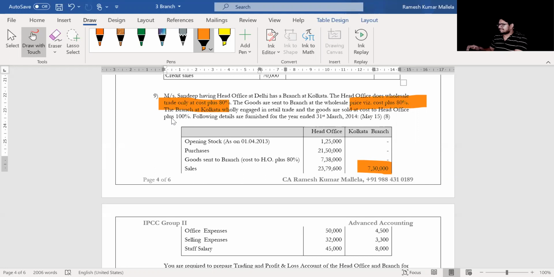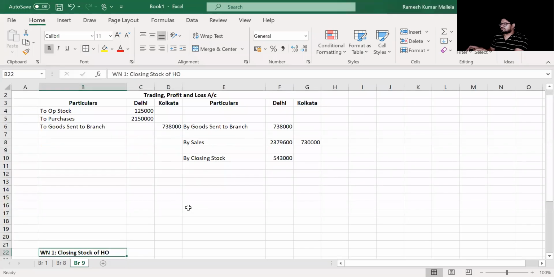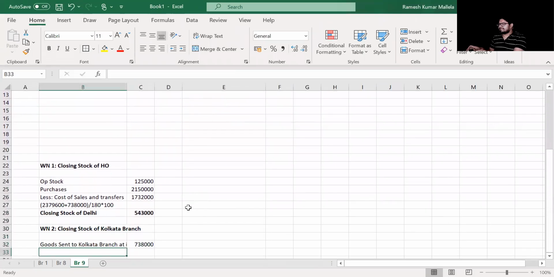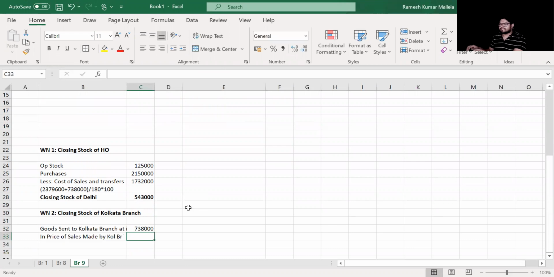So in such case, I am supposed to calculate what would have been the invoice price of this 7,30,000. Okay. So now let us calculate invoice price of sales made by Kolkata branch. I'm supposed to find this. How do I find it?